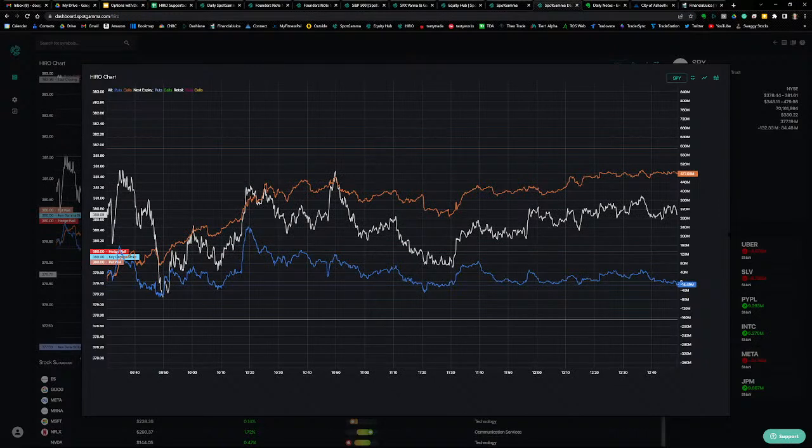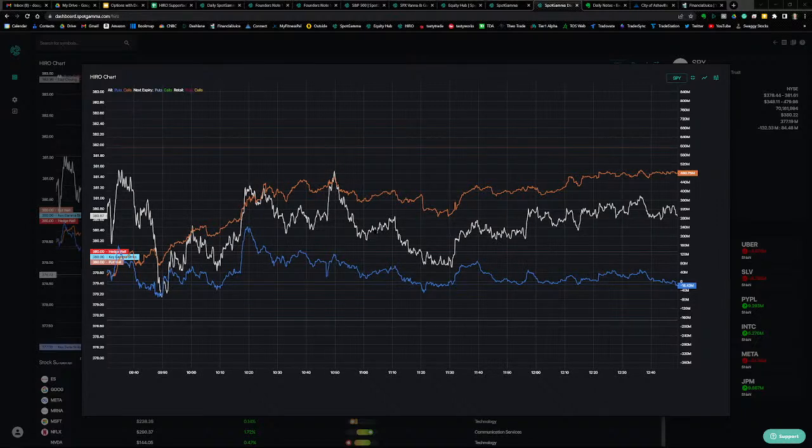This is just like the ES chart. So another divergent setup again in SPY, ES, however you want to trade it. SPY shares, SPY options, ES futures.